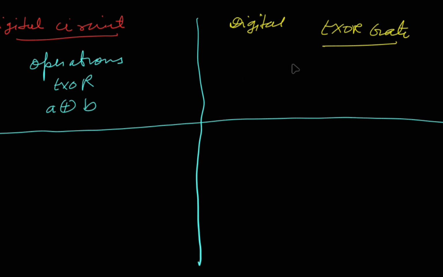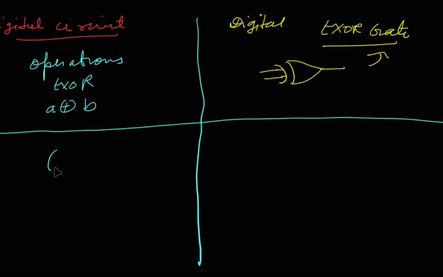What is the symbol? This is like an OR, but exclusive OR, so we put one more layer. So this symbol we use. Is this clear? This is the symbol for the XOR gate. Okay.